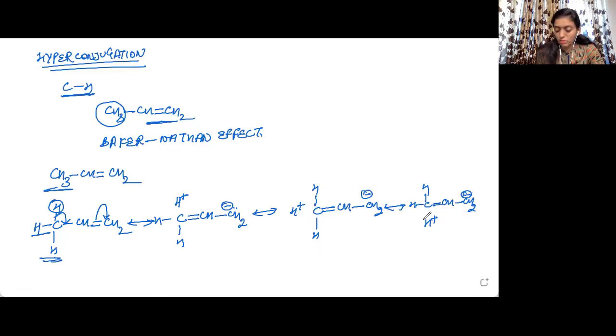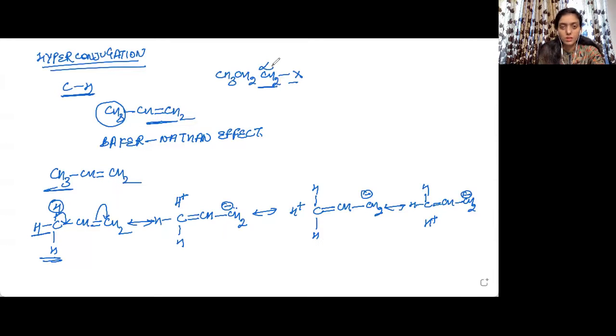Now, I think you might or might not know what an alpha carbon, a beta carbon and a gamma carbon are, so let me explain that to you. Suppose we have this carbon chain, CH3, CH2, CH2, and here is the functional group. The carbon just next to the functional group is the alpha carbon.